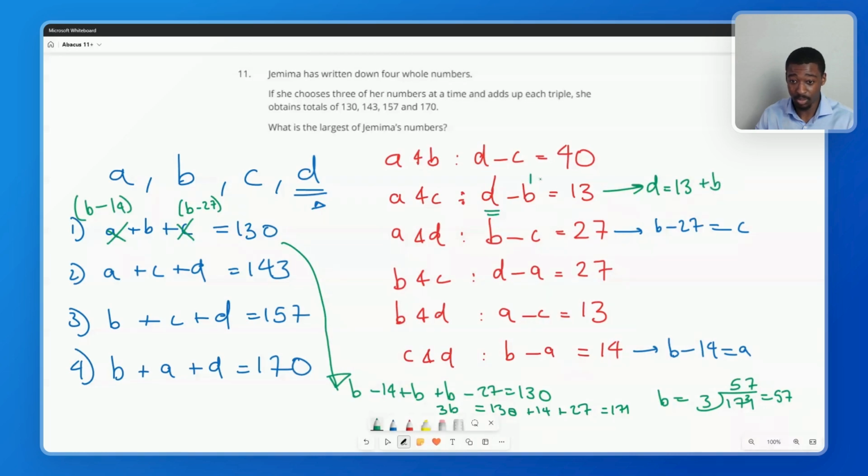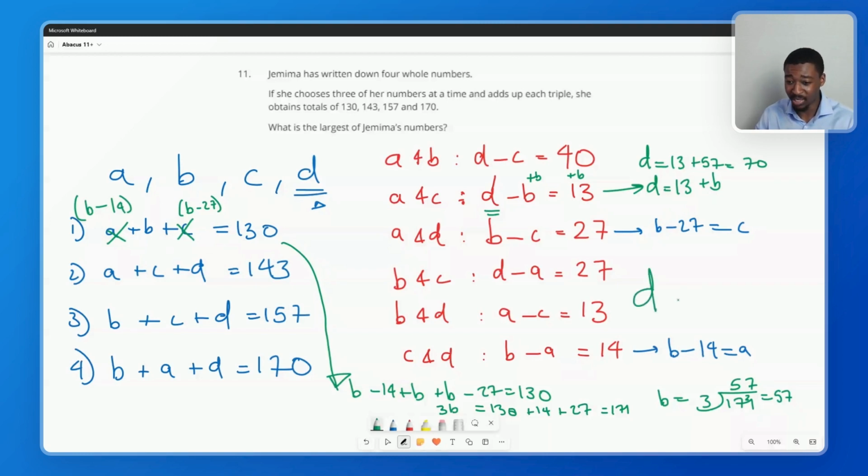We add B to both sides. And then if B is 57, that's 13 plus 57, which is 70. 10 plus 50 is 60. 3 plus 7 is 10. 60, 10, 70. So D is 70.